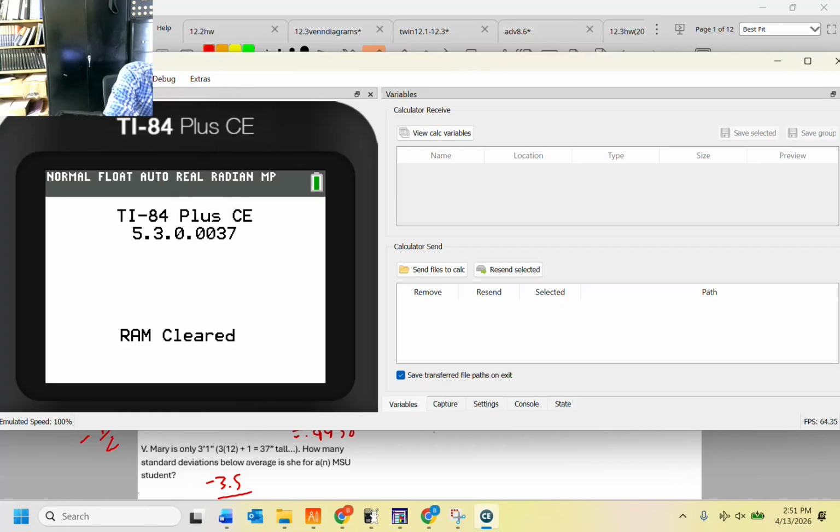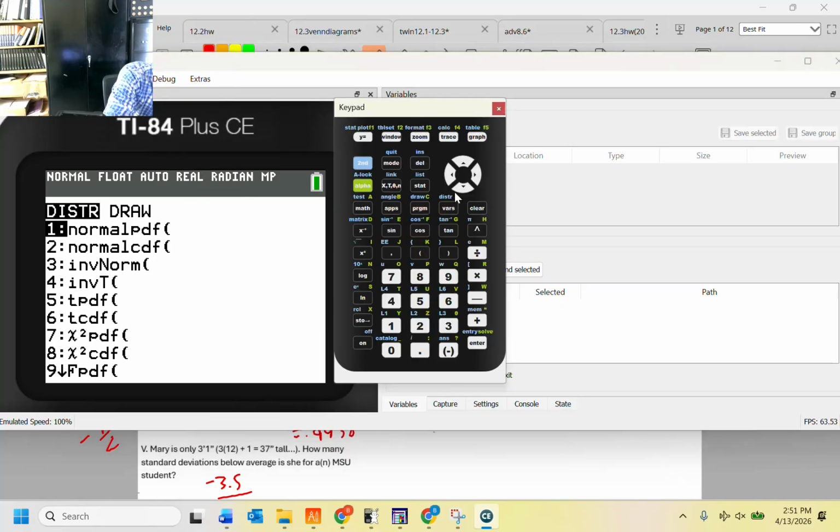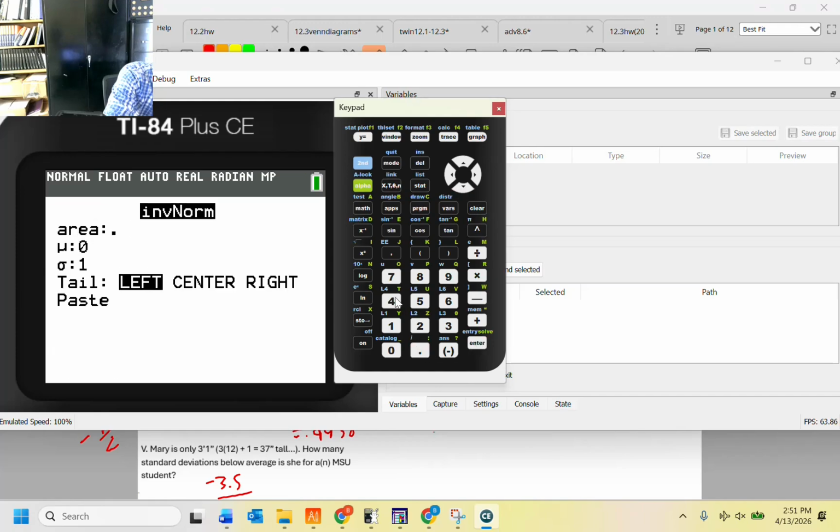Where's my keypad at? There it is. So we're going to second vars. We're going down to inverse norm. It's the middle 40. Mean of the text, I think that was 44 inches with a standard deviation of 2. That's sigma. And it's a center.